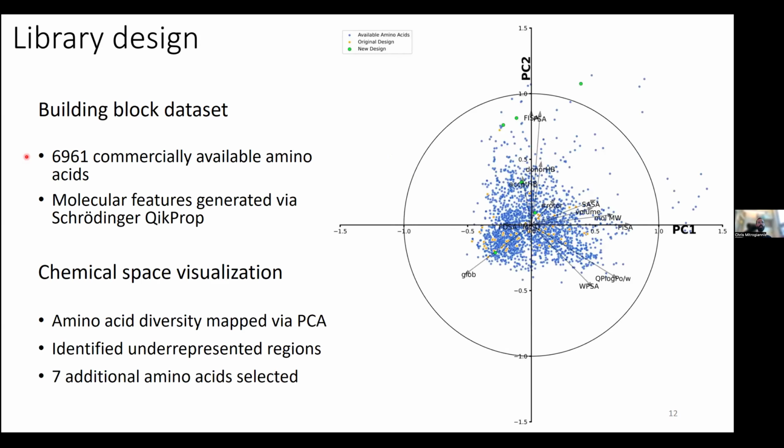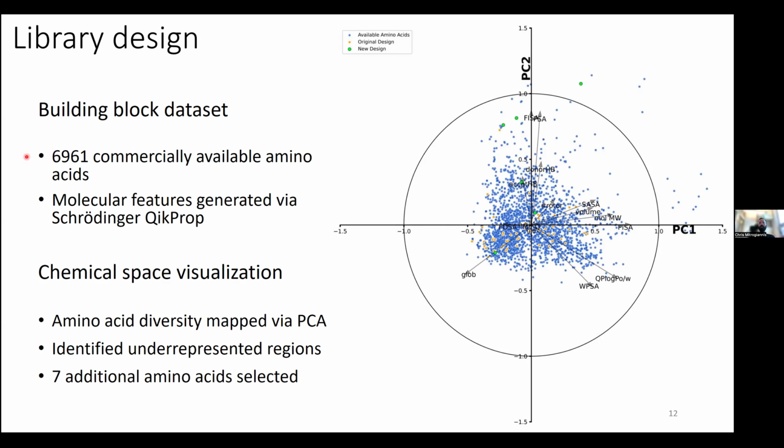So what they did was that they gathered almost 7,000 commercially available amino acids. And by using Schrödinger QikProp, which is a computational chemistry program, they generated all the molecular features for these amino acids.